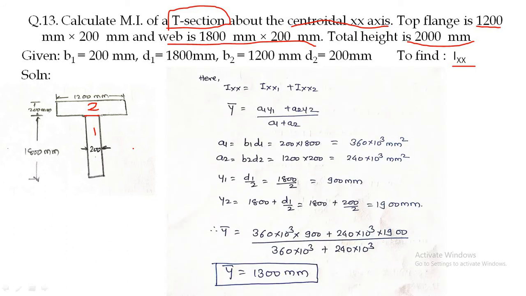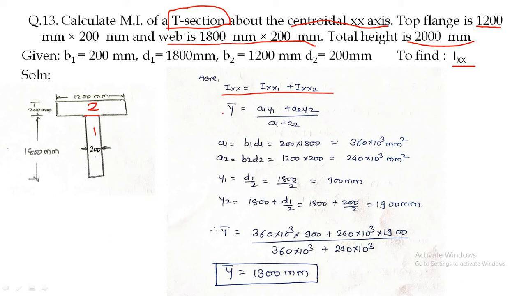So Ixx will be equal to Ixx1 plus Ixx2, where the moment of inertia about the horizontal centroidal axis of the whole plane will be equal to the individual moment of inertia of the first plane and that of the second plane about that centroidal axis. Which centroidal axis? The centroidal axis of the whole plane.